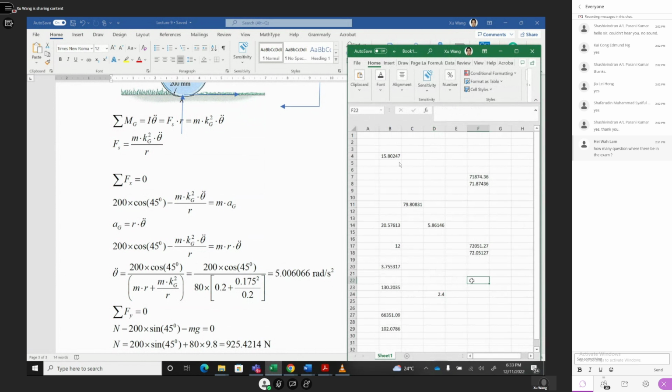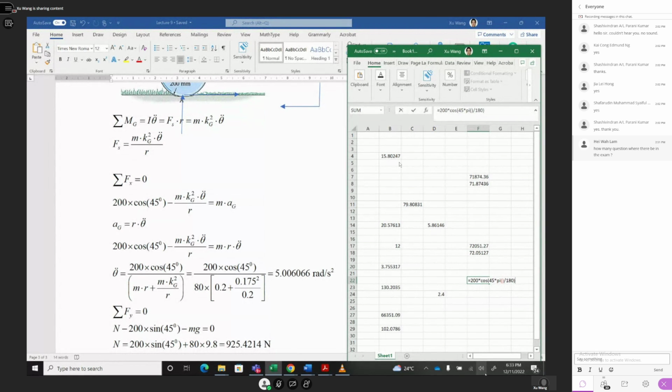So we go to the equal 200, be careful, 200 multiplied by cosine 45. Be careful, this is 45 degrees, so you have to convert to radians, pi divided by 180.